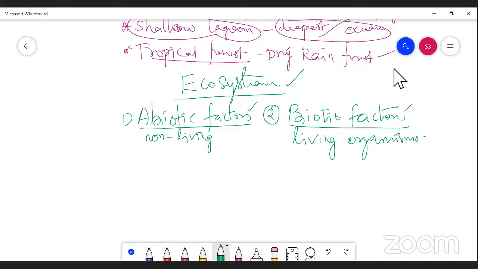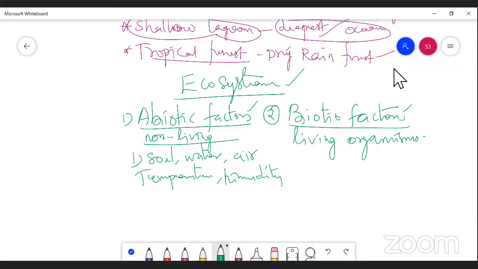What are the factors called abiotic? The first one is soil. Another one is water. The third one is air, and the fourth one is temperature, humidity, mineral content, and so many factors.